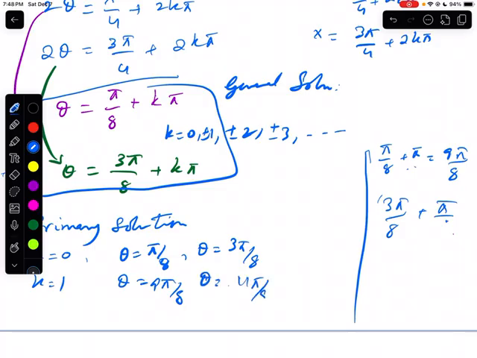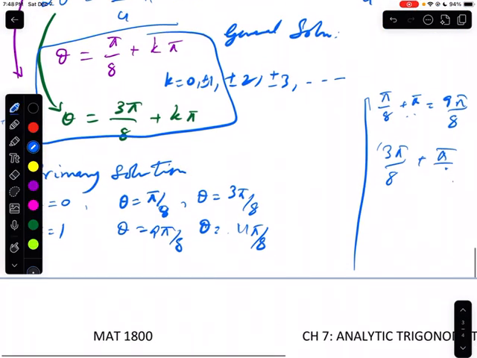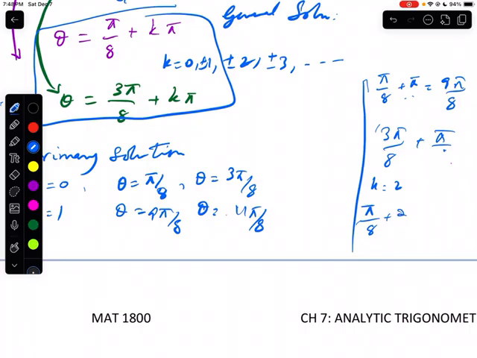Okay. If I take k is equal to 2, what will happen now? The first equation will give me pi over 8 plus 2 pi, which is going to give me 17 pi over 8, which is more than 2 pi.